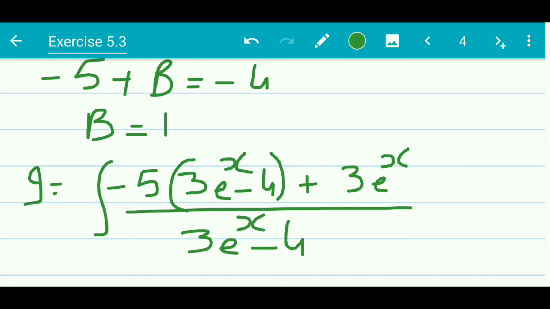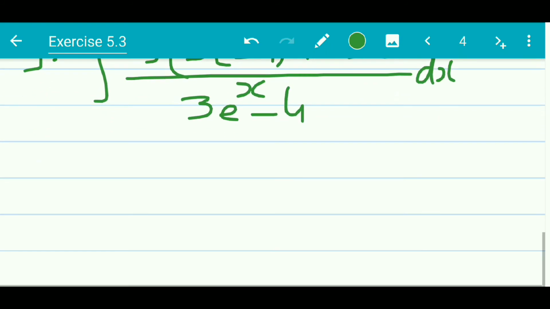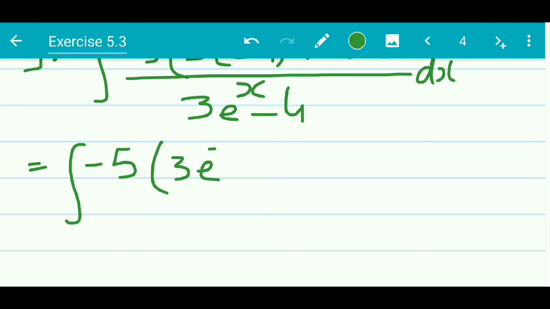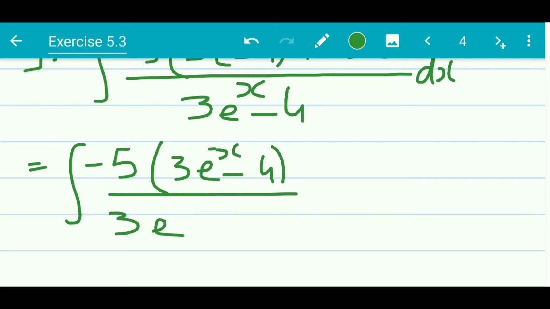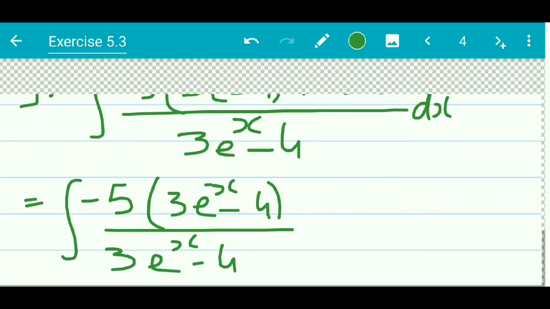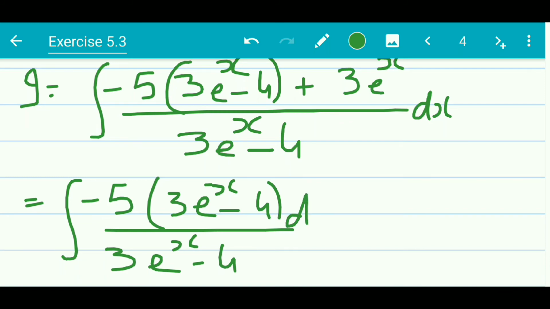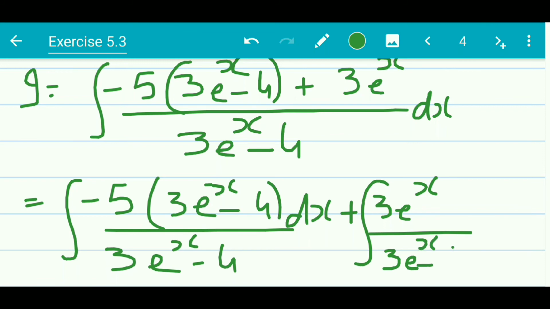So we have written the modified numerator over here. And then we separate out the integrals. So our first term becomes this way. And the second term, that is integral of 3 e raised to x upon 3 e raised to x minus 4.